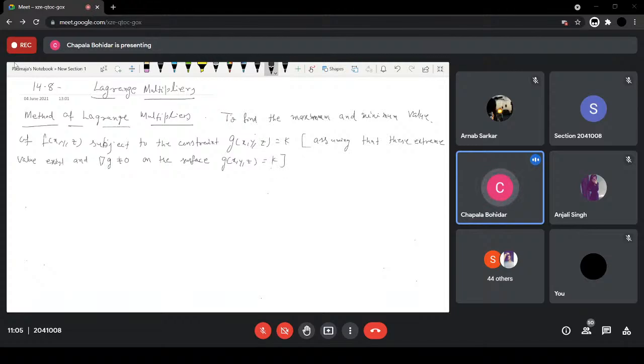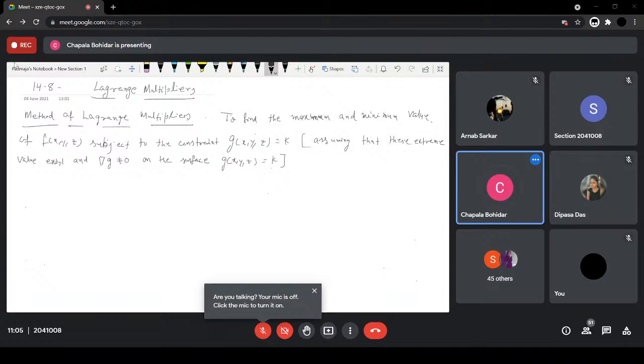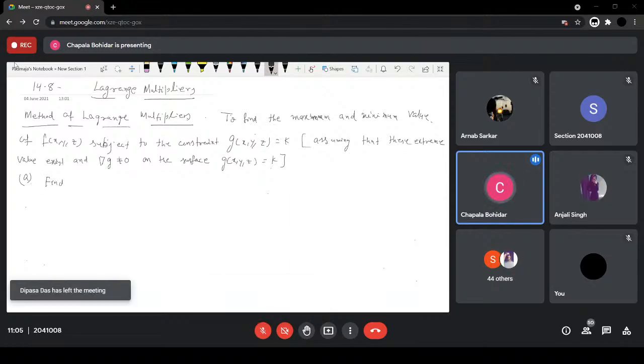The constant is given here, step A. Find all values of x, y, z and lambda. How do you solve this problem? This is the procedure.